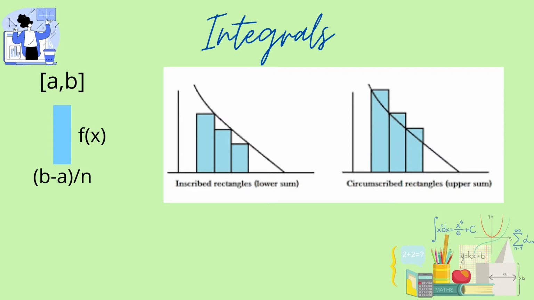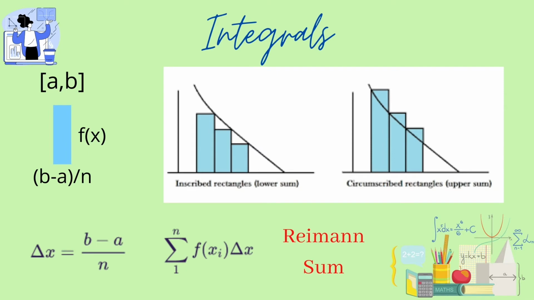This width, which is measured along the horizontal, can be referred to as the change in x. Putting all these rectangles together will give us an approximation of the area under the curve. We refer to this as the Riemann sum.